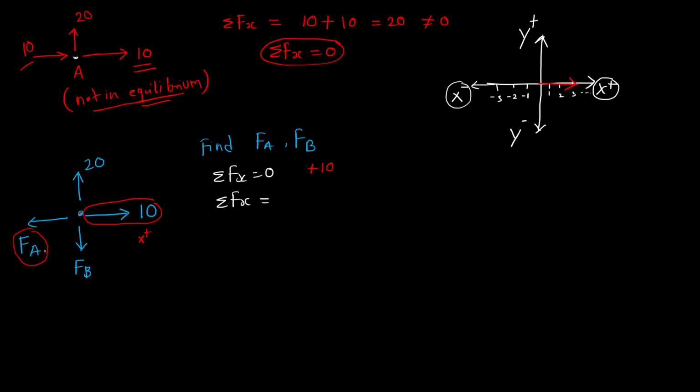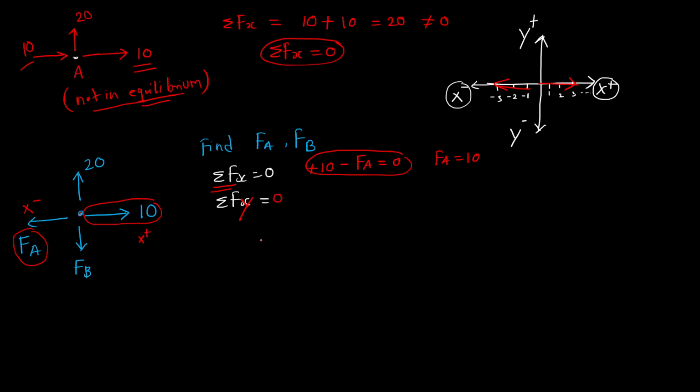Fa is also in x direction, but in the negative x direction, so we will take it as minus Fa. This is the sigma Fx value, and it should be equal to 0. If we solve 10 minus Fa is equal to 0, we get Fa is equal to 10.